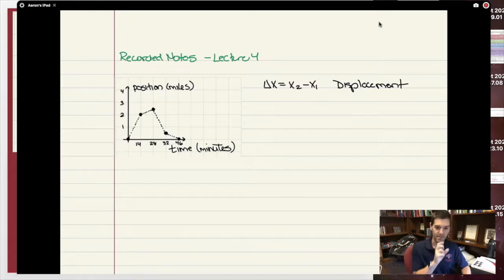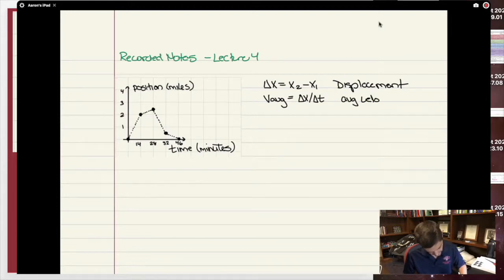It means in what direction the displacement occurred. Then we defined the average velocity last time as just the displacement divided by the amount of time elapsed. Average velocity. And I think that's where we left it.